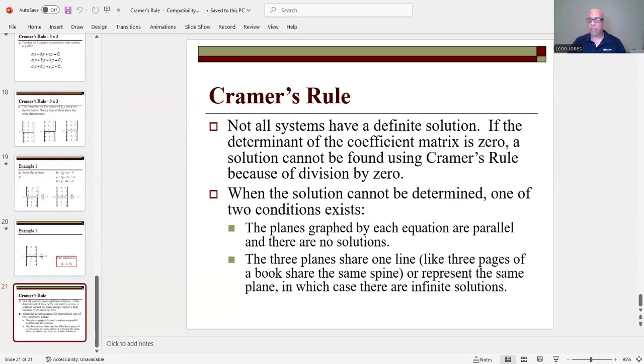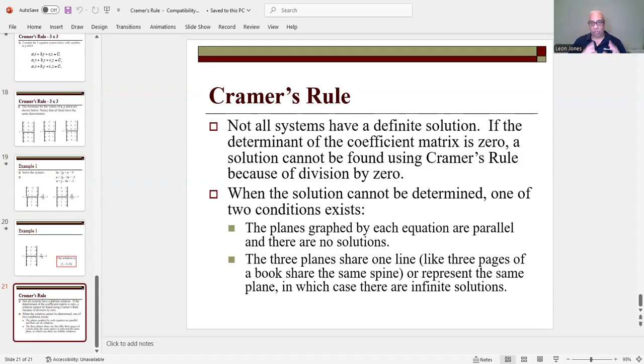You're going to have to bust out L'Hopital's rule when you divide something by zero, because it could be infinite. A lot of us have been taught that if we divide anything by zero, it's going to be undefined. Or you can get infinity, you can get negative infinity, you may even get zero, you may even get one.